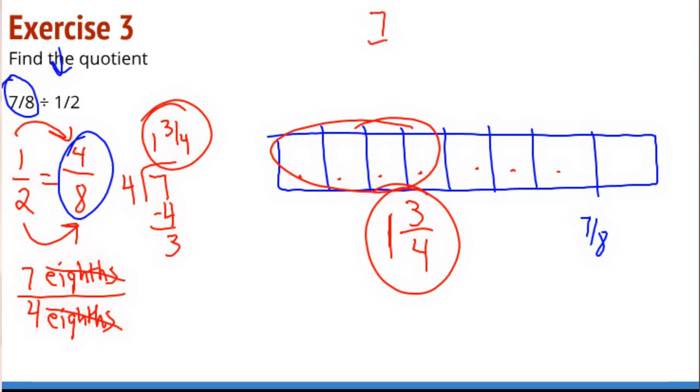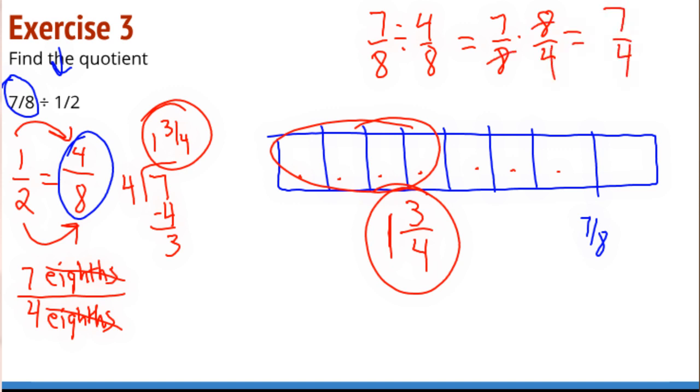So then I've got 7/8 divided by 4/8. And we're testing out our multiplication, and I've got 7/4, which I wound up with 7/4 right over here. And I got 1 3/4, so I know that this will be 1 3/4.